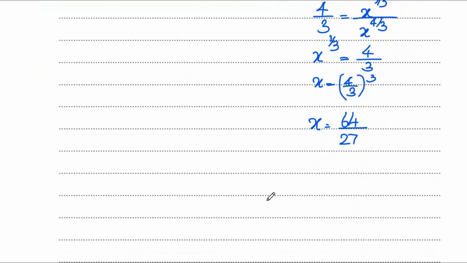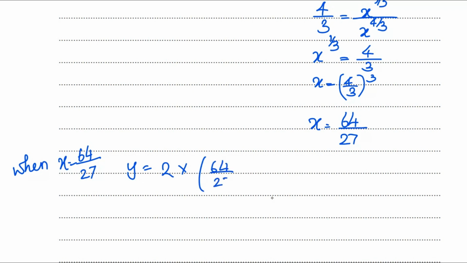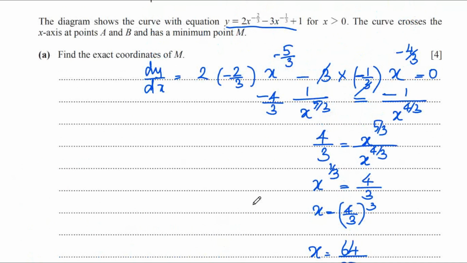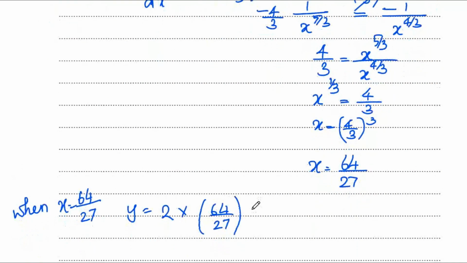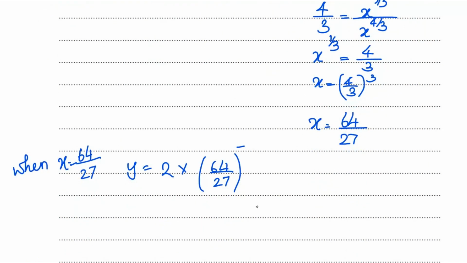So y is equal to, when x equal to 64 over 27, y is equal to 2 times 64 divided by 27 power negative 2 over 3 minus 3 times 64 over 27 power negative 1 over 3 plus 1.